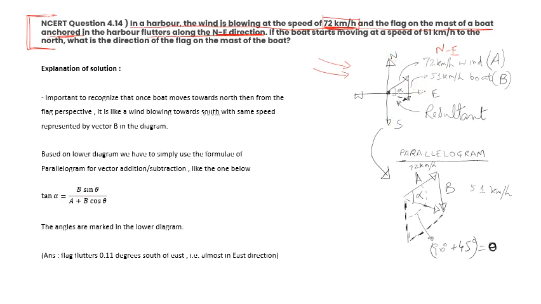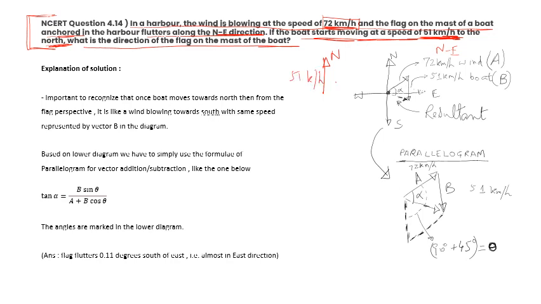Now, if the boat starts moving at the speed of 51 kilometers per hour towards north, what is the direction of the flag on the mast of the boat? Using a bit of common sense, the boat is moving in the north direction at 51 kilometers per hour.